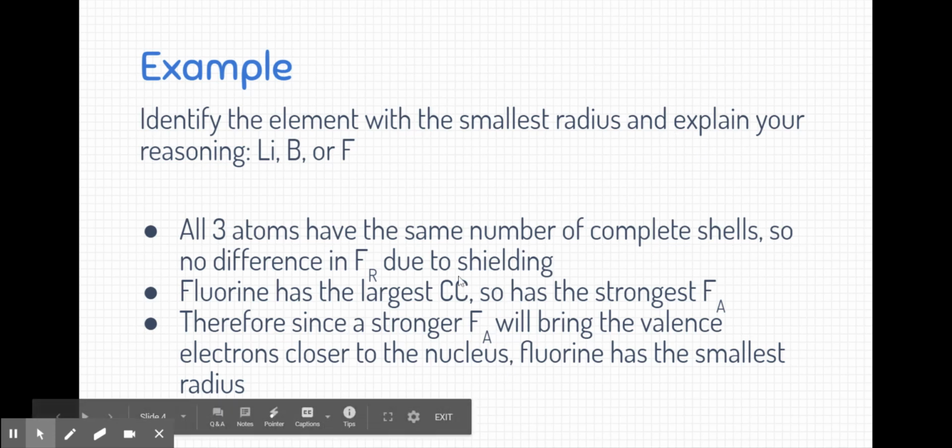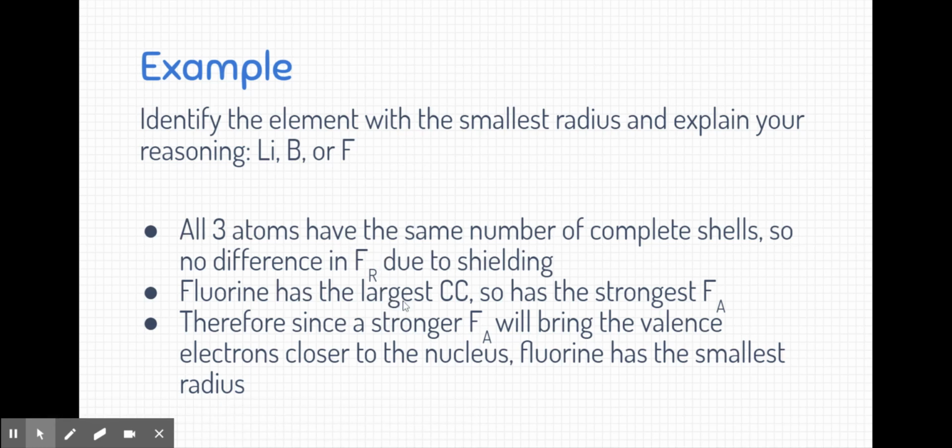So I just want to highlight the points in my conclusion here. My first 2 points clearly identify the differences or the similarities in the force of repulsion and the force of attraction. Even though the force of repulsion didn't change, I want to explicitly identify that in my conclusion so that the reader knows that you understand that it does have an effect.